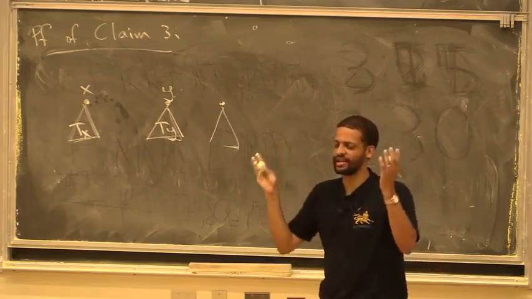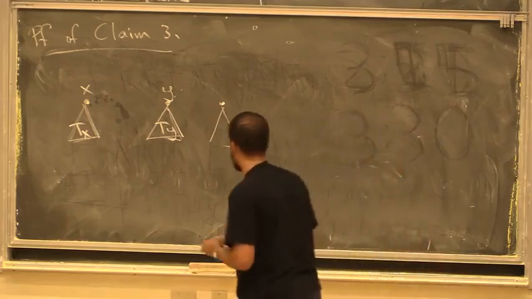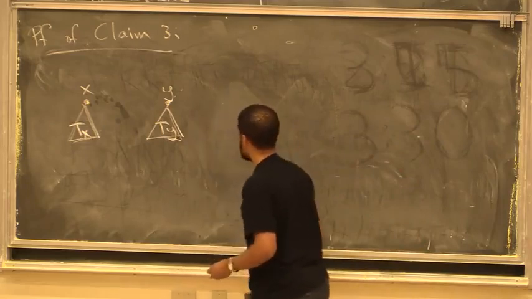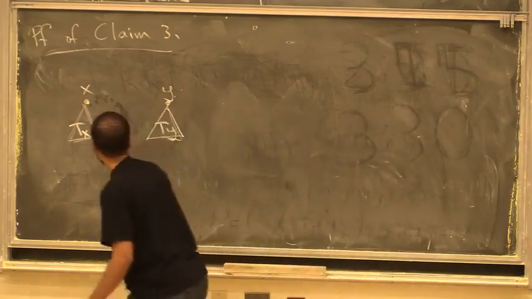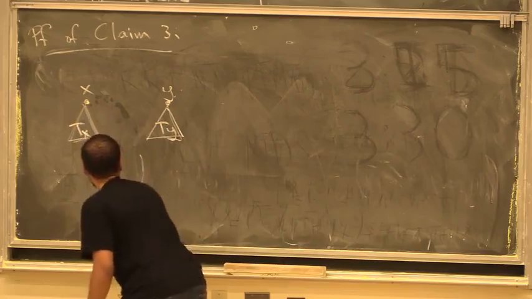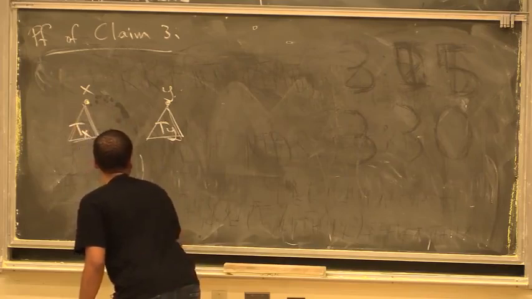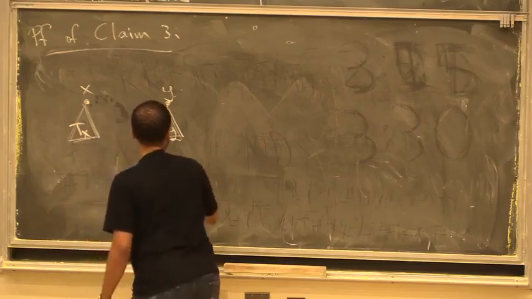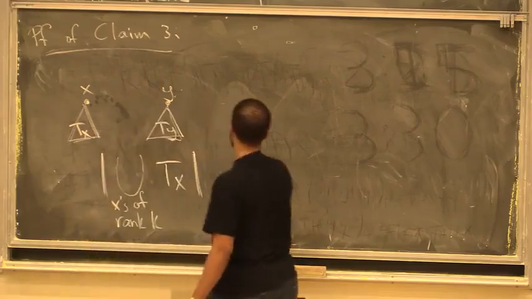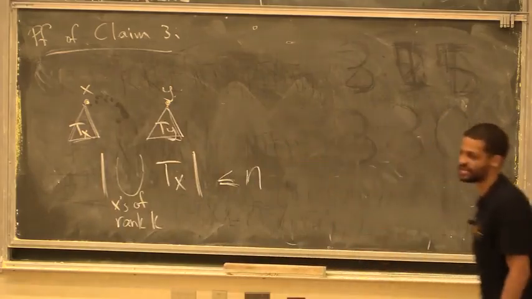So without loss of generality, let's say that X became rank k first. Now, what do I know? I know that the union over all X's of rank k of Tx, this union has size at most n, because there are only n elements in the universe.